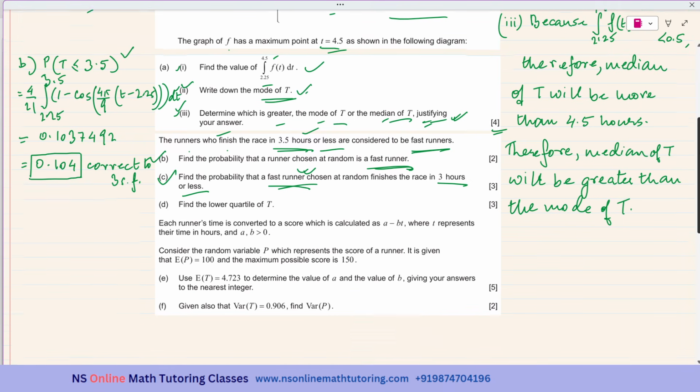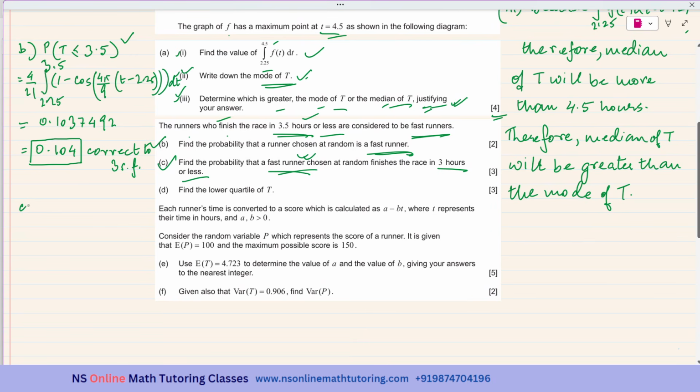So it is P of T less than or equal to 3, given that T is less than or equal to 3.5.